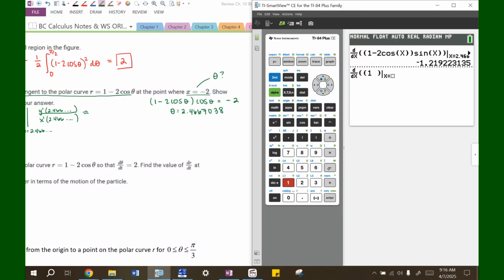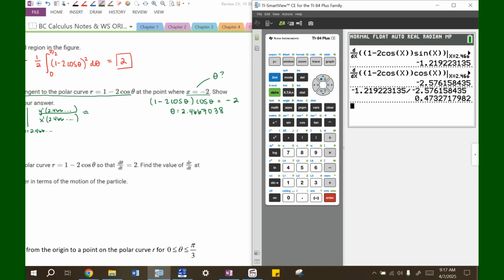So the x equation is 1 minus 2 cosine x times cosine x. Watch your parentheses with that, by the way. So here's r times sine, and here's r times cosine. Now I want y prime over x prime. And I get about, now I can round this, 0.473.